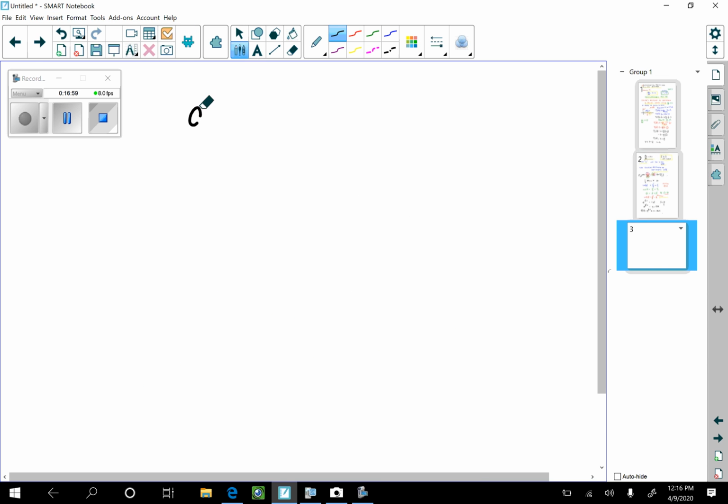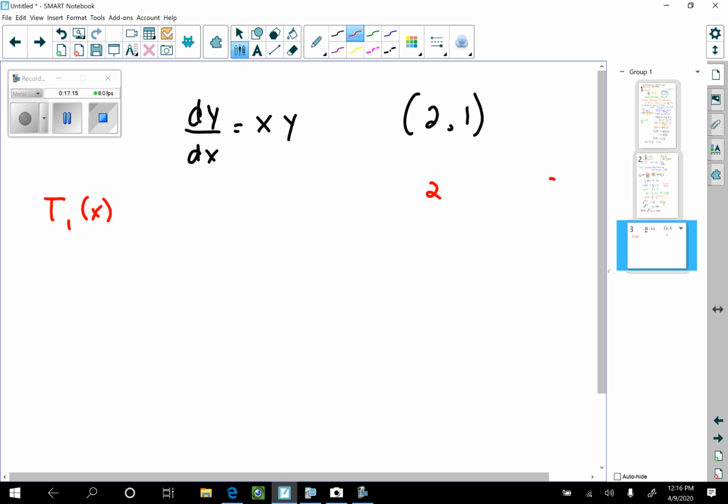Okay, here was my differential equation, dy/dx equals xy, my initial condition was 2 comma 1, and I'm going to come up with 2 tangent lines. Tangent line 1, and this time I'm going to start at 2, and I want to end up at 3, and I'm going to use changes of 1/2.